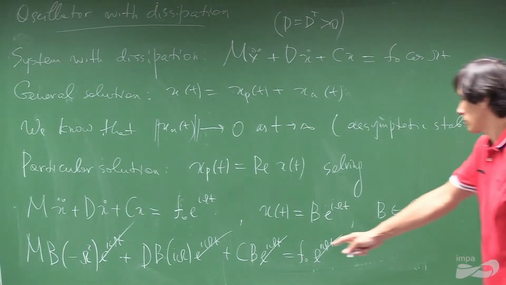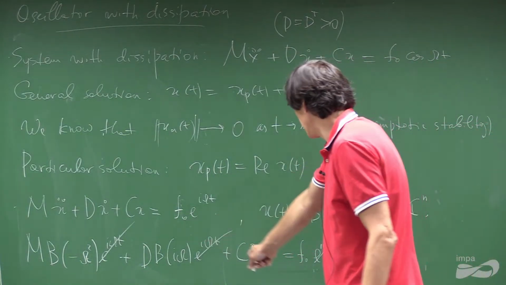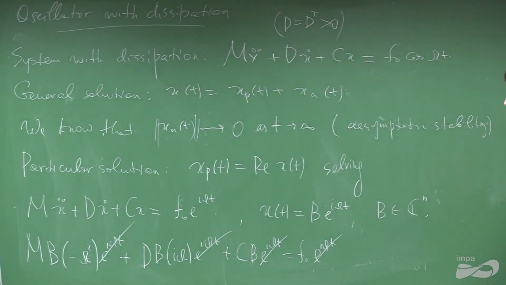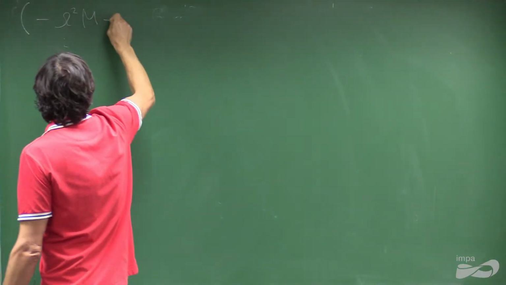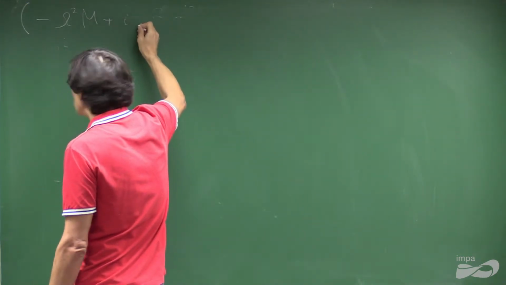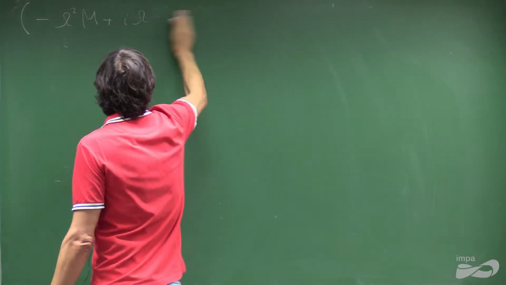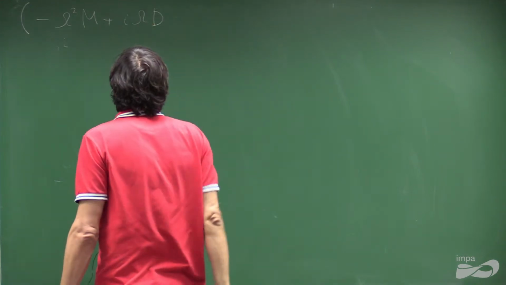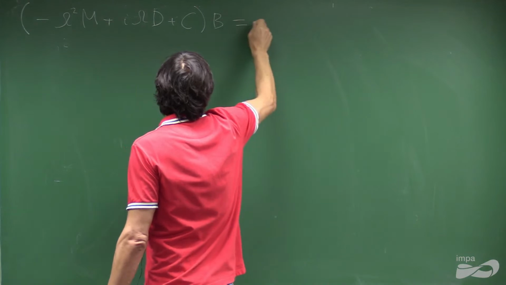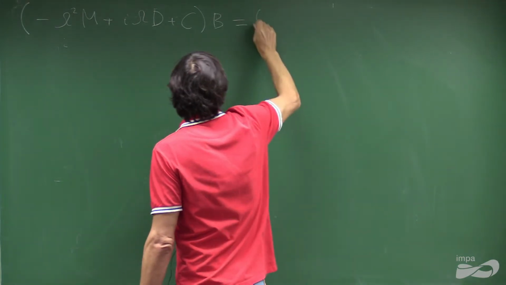What is left? Let's regroup. Every matrix is multiplied by b, so we can put all matrices outside. So it will be minus omega squared m plus i omega d plus c, times b, equal f0.